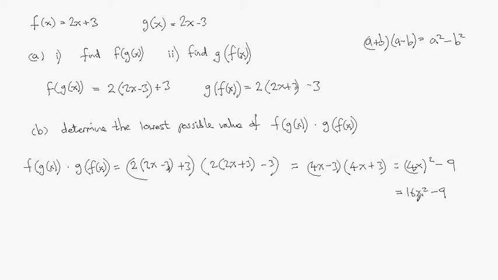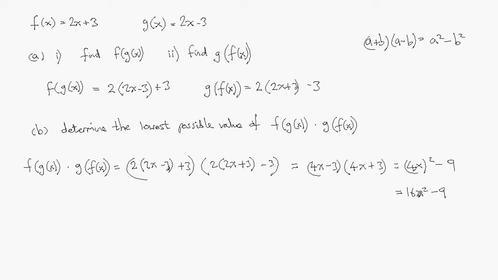Now, with our function being equal to 16x squared minus 9, we could try a couple of values to see what we get out of it. Well, if x was 0, obviously our function would have a value of 0 minus 9, which is minus 9. We can't really get any smaller values than that because of the x squared term.